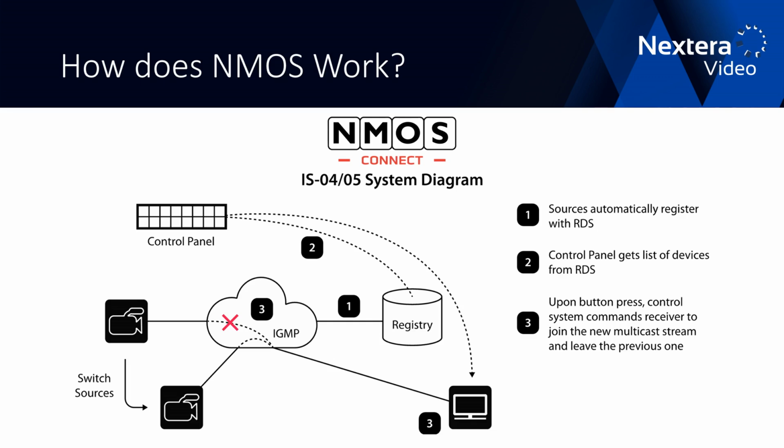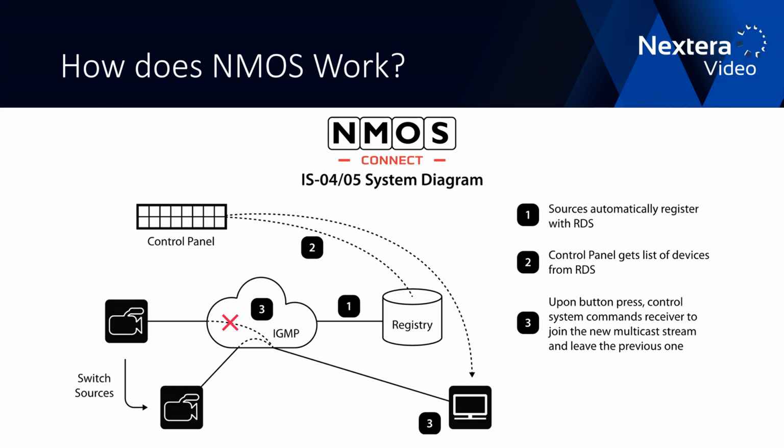I've got 2 cameras and a monitor. The registry can actually populate that control panel and show you all of the different devices on the network. When the control panel is activated, someone presses a button, that's your source destination take, and that commands the monitor to switch streams. It says, okay, unsubscribe me from camera 1 and subscribe me to camera 2.